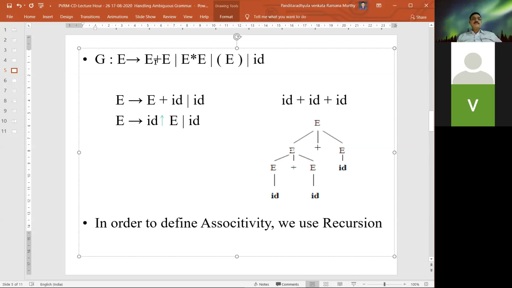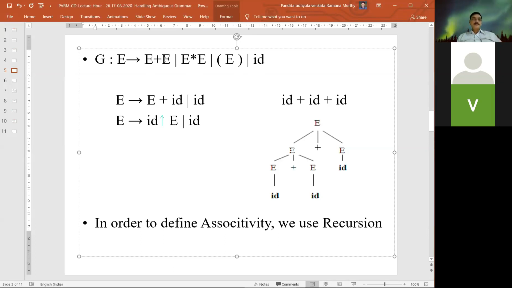The E can be replaced using E into E, or within braces, or ID, either using the first E or using the second E. That means we can go either from the left side or from the right side also. That we need to avoid.